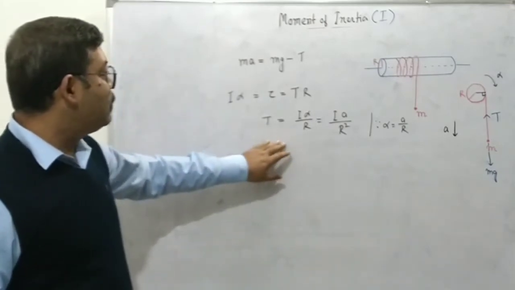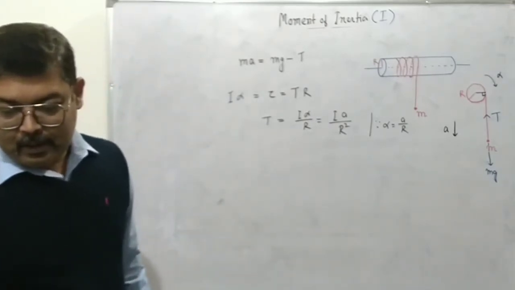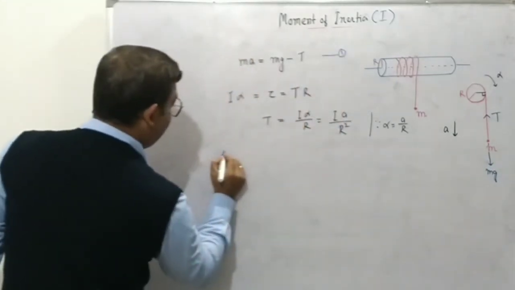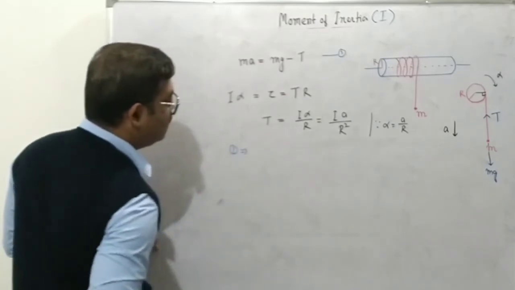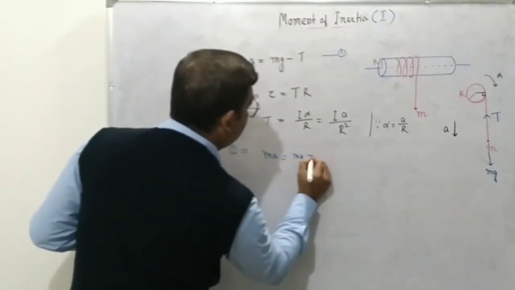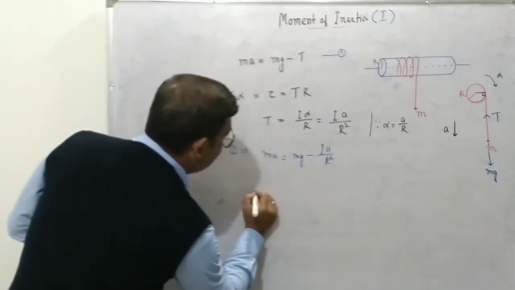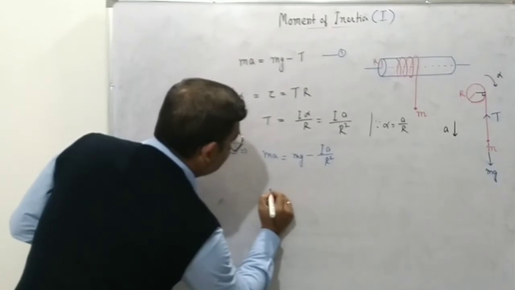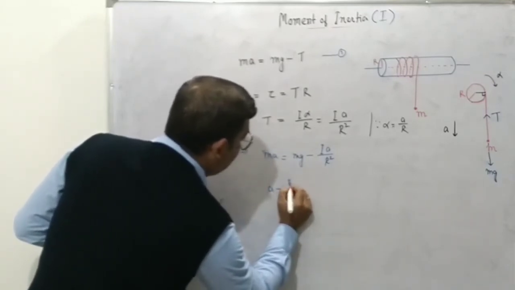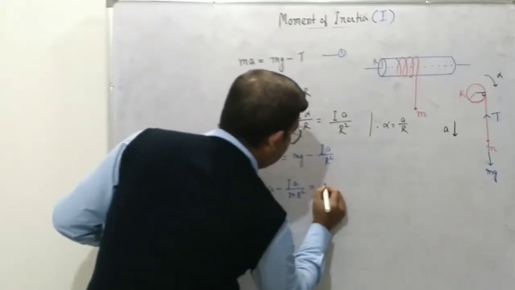If we substitute this value of T in equation number 1, we get m a equal to mg minus I a by R squared. This will give us a minus I a by m R squared must be equal to g.